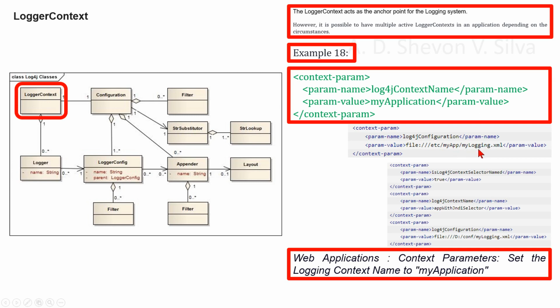Here they use the JNDI context selector. Note that in this case you must also set the Log4jContextSelector system property to org.apache.logging.log4j.core.selector.JndiContextSelector.